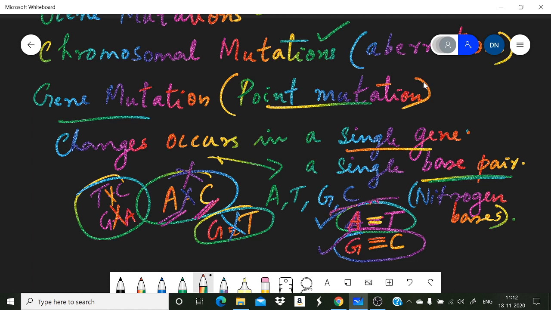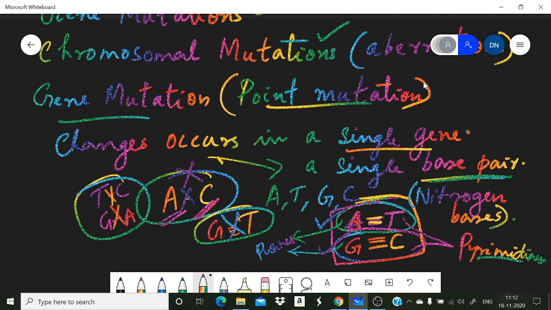That is the basic rule. Adenine and guanine are purines, and thymine and cytosine are pyrimidines.